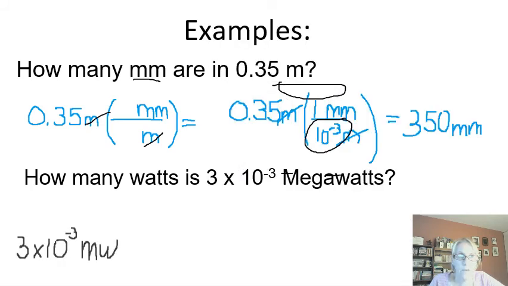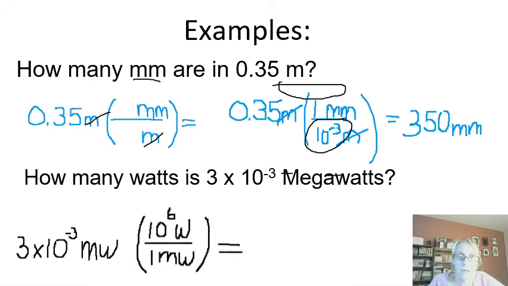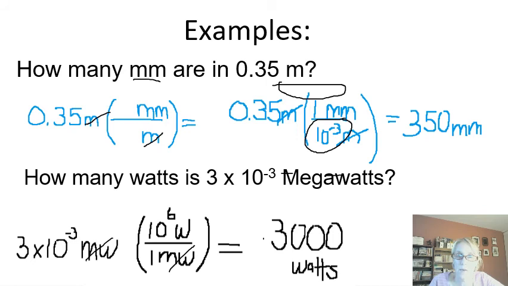All right, so we write 3 times 10 to the minus 3 is what we're starting with, megawatts. Here's our conversion. So remember, it's 1 megawatt, so our megawatts cross out, and we're ending up with 3,000 watts. All right, a little trick you might remember from math is when you're multiplying exponents, you're adding them.